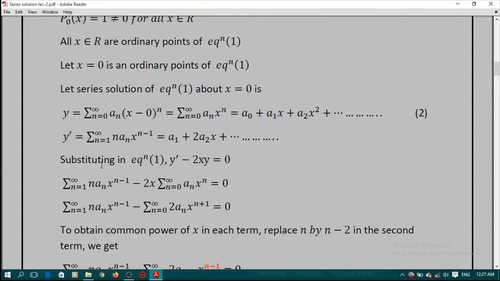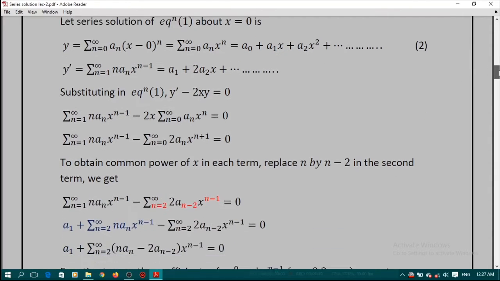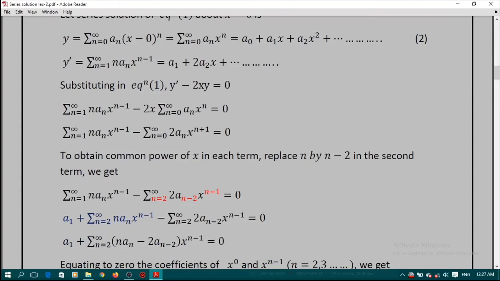Now substituting these values in equation 1, we get summation n from 1 to infinity n a_n x raised to n minus 1, minus 2x into summation n from 0 to infinity a_n x raised to n, equals 0. Now we are going to include this 2x in the summation.